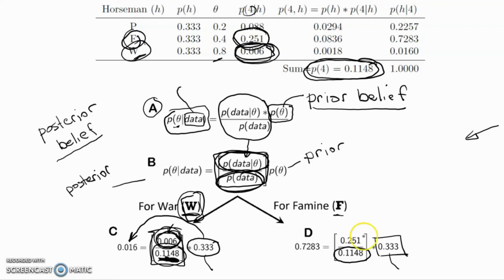So if the probability of 4 dying, if famine is responsible, is 25%, the overall probability of 4 dying is only 11%. When we in fact observe that 4 are dead, that serves as evidence that, hey, maybe famine was responsible. So starting off with a prior, we now wind up with a posterior, which is very much larger.